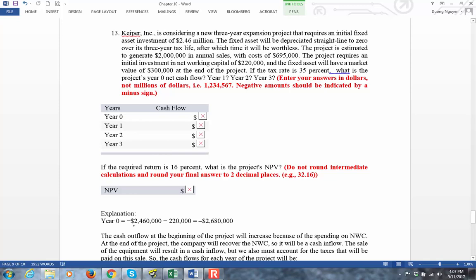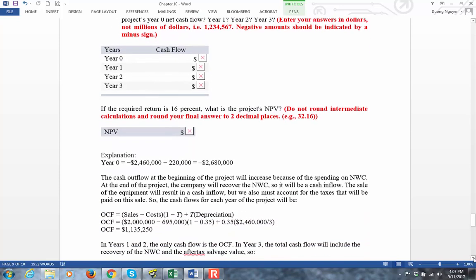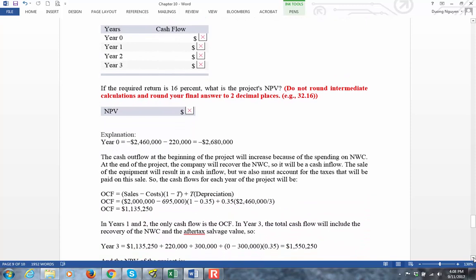Alright, so at year 0, the cash flow would be the initial assets investment, which is $2,460,000, plus the initial investment in working capital, which is $220,000. So the initial cash flow would be negative $2,680,000.